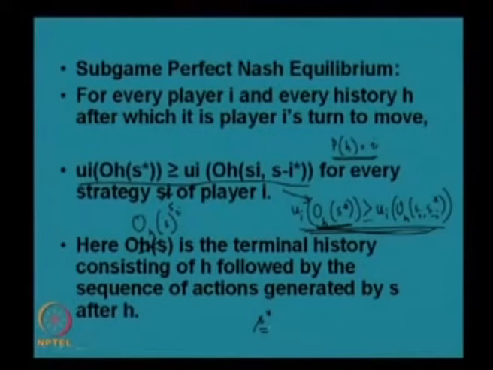I take into account every possible non-terminal history H, and I look at the player whose turn it is to move after H has happened, and I look at the terminal history generated by the S star after that H has happened, and I try to see whether the action chosen by i is optimal or not. If it is optimal, then I have got the subgame perfect Nash equilibrium. So that is the basic idea.